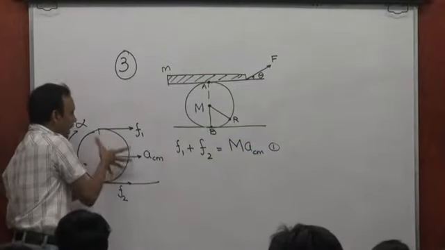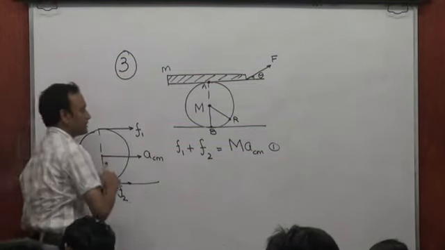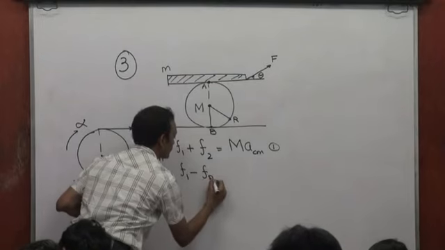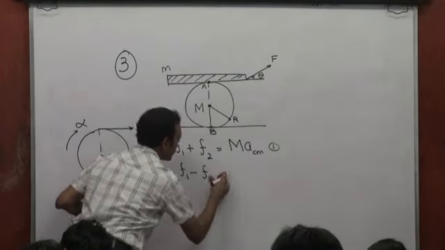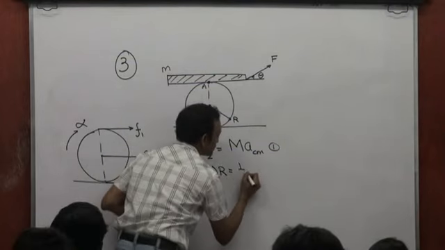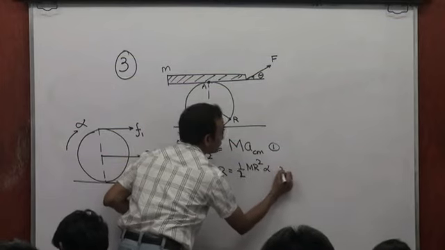Then F1 into R minus F2 into R is ICM alpha, ICM, which is half MR squared into alpha.